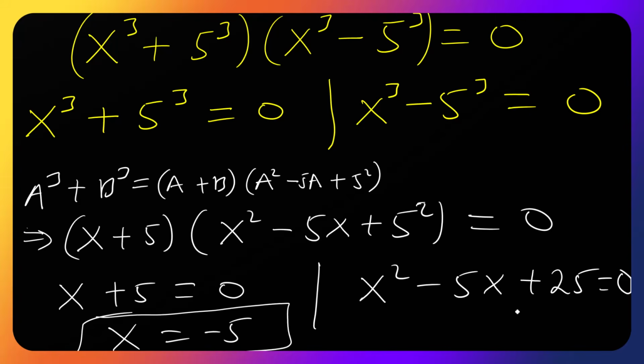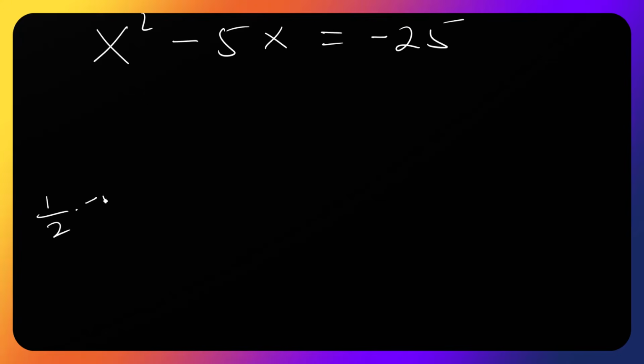So let's proceed with this by the method of completing the square. I would like to send this one to the other side. So that will be x squared minus 5x equals minus 25. So let's take half of the coefficient of x, so minus 5 on 2, all squared.